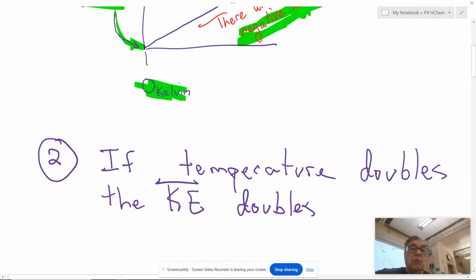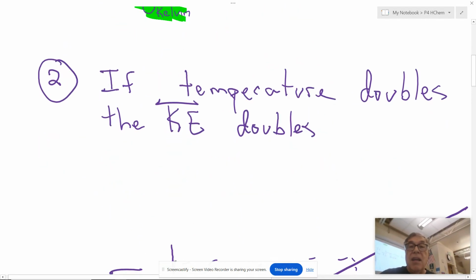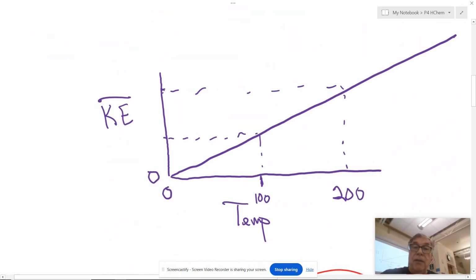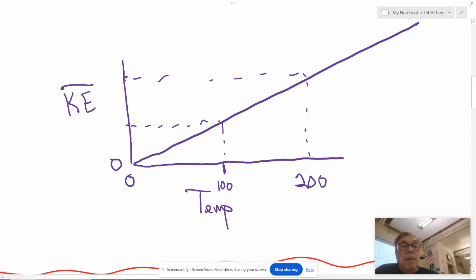The second reason is if the temperature doubles in Kelvin, the kinetic energy doubles. Let's look at a graph of what I'm talking about. If we change the temperature from 0 to 100, the kinetic energy changes by this much. Now, if we double that temperature up to 200, the kinetic energy also doubles.